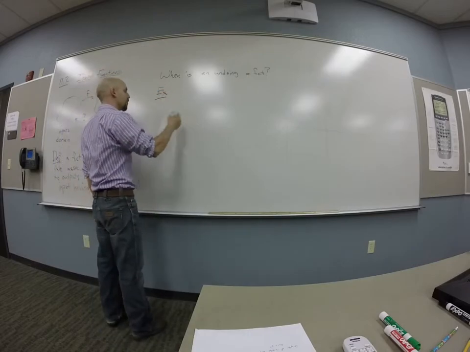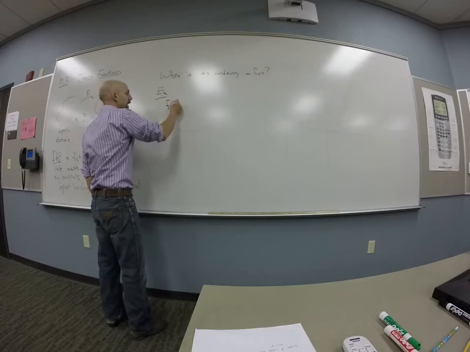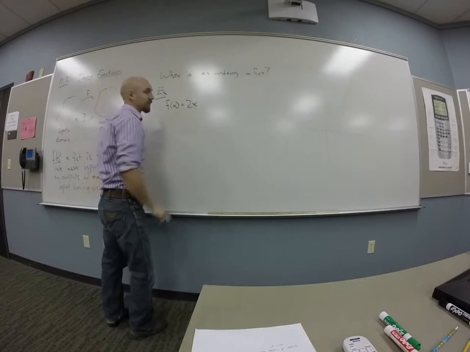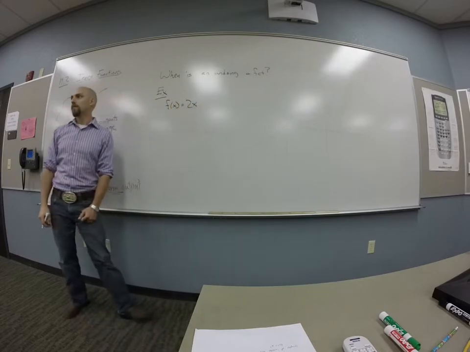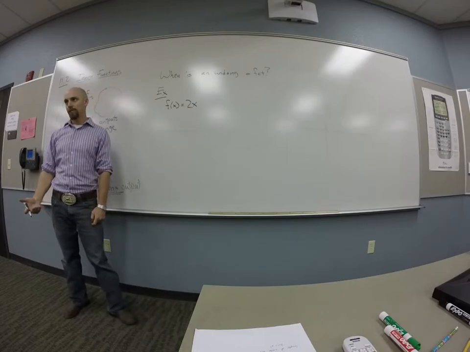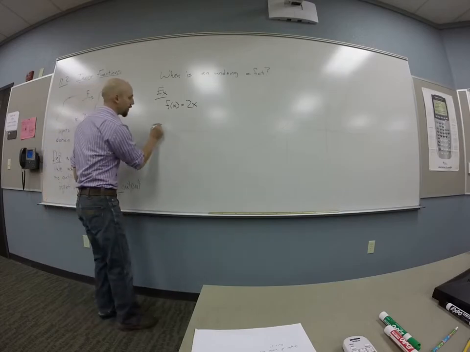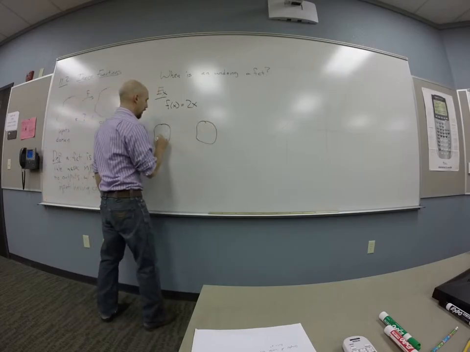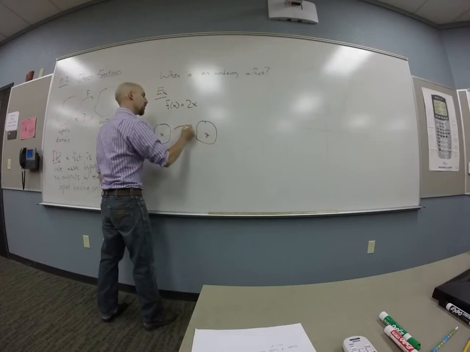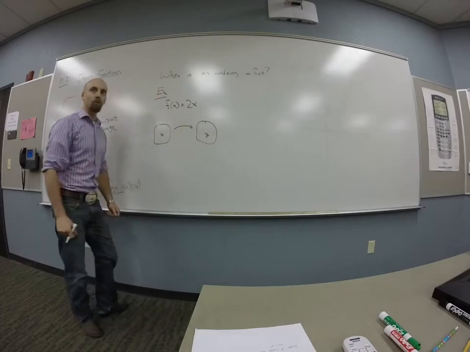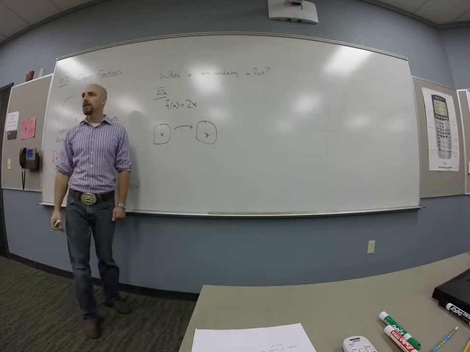Let me give this by example, maybe. If I think about the rule that says f of x is 2x, is there an undoing for this? If I think about x's and y's, what's f's rule? What does it do to x's?